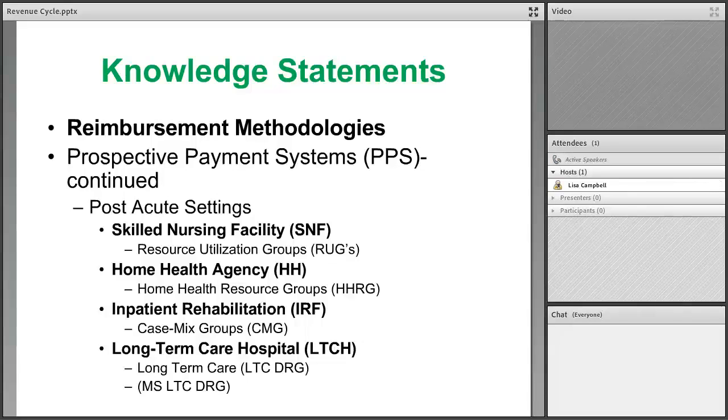Make the connection between the reimbursement methodology and the data set. So for example, inpatient hospital care, we're reimbursed based on the MSDRG. Well, the data set that ties into that is the Uniform Hospital Discharge Data Set. So make sure that you understand those data sets and tie them into the reimbursement methodologies.